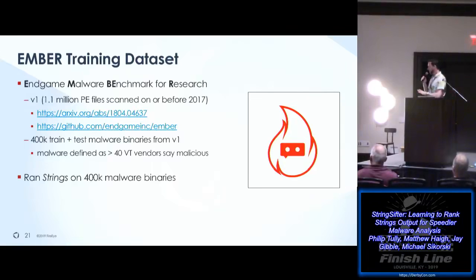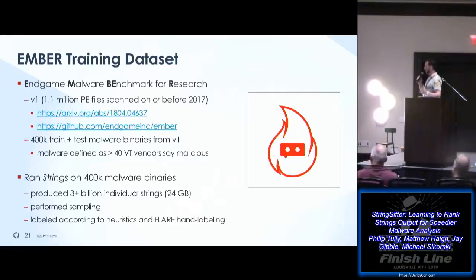So we take all of those 400,000 malware samples and we run strings over all of them. And we produce something like over 3 billion individual strings from those files. But we don't need to necessarily train on all of that data, so we perform some sampling and we whittle it down to something like 500 million strings. And this is our training data set. And now we produce our ground truth by performing some heuristics, right?